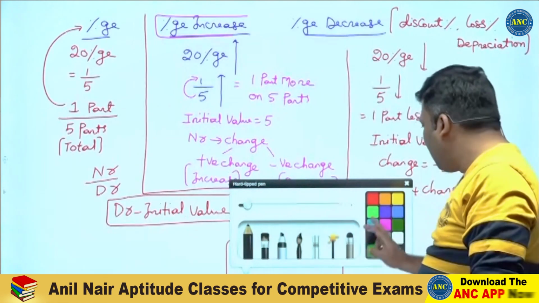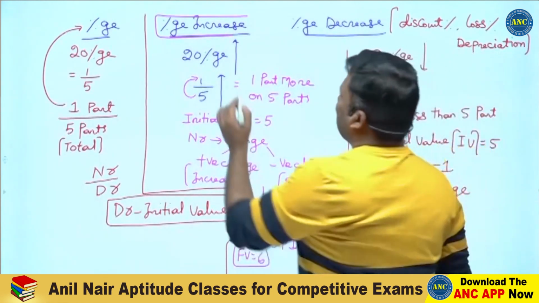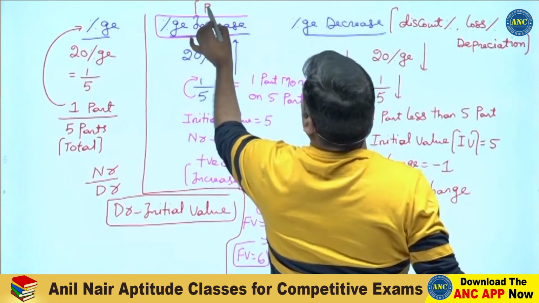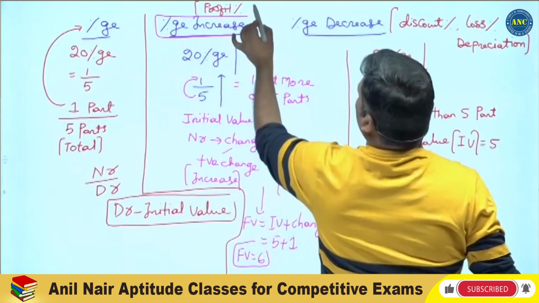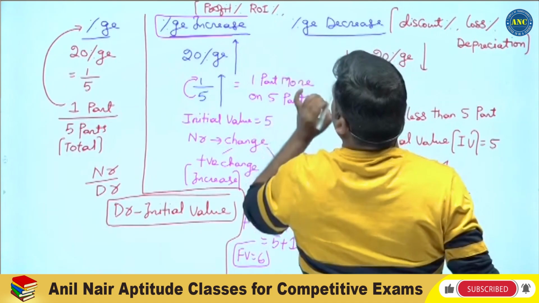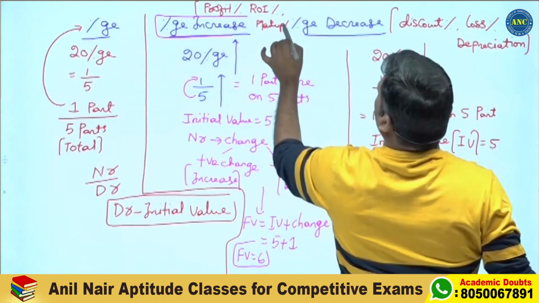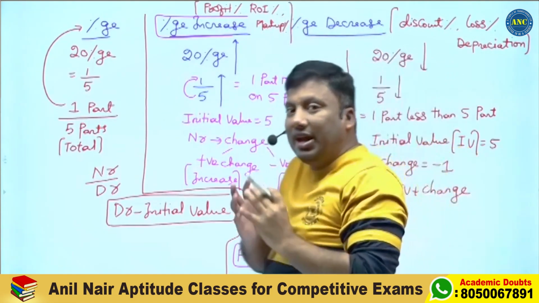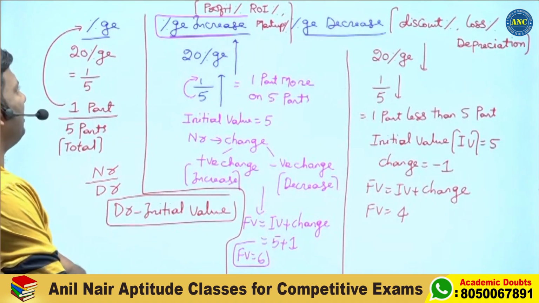Similarly, for percentage increase, the classical examples are profit percentage, rate of interest, and markup percentage. It is just that these names are given to percentage increase and percentage decrease.